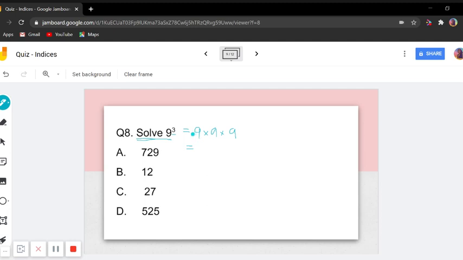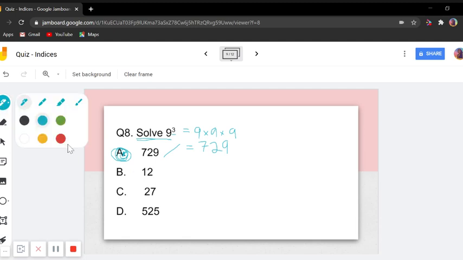After you type in 9 multiplied by 9 multiplied by 9, the answer is 729. Alright, which one is the answer in the options here? A is the correct answer because it is 729.